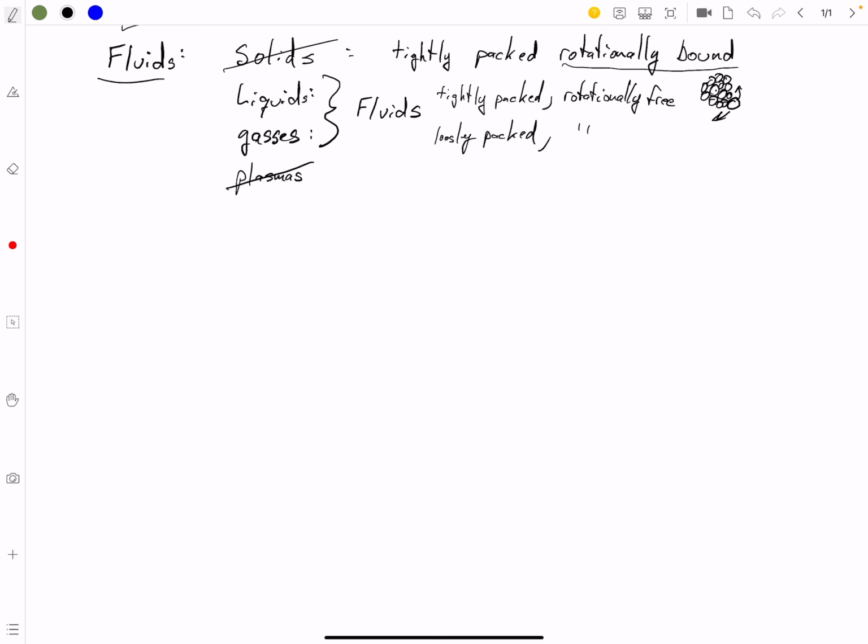Same here, rotationally free. That's a good thing to think about.